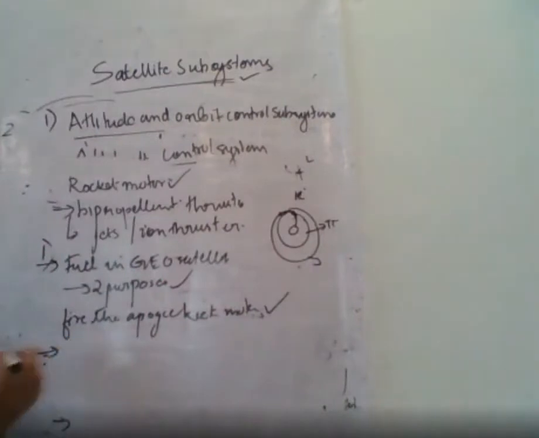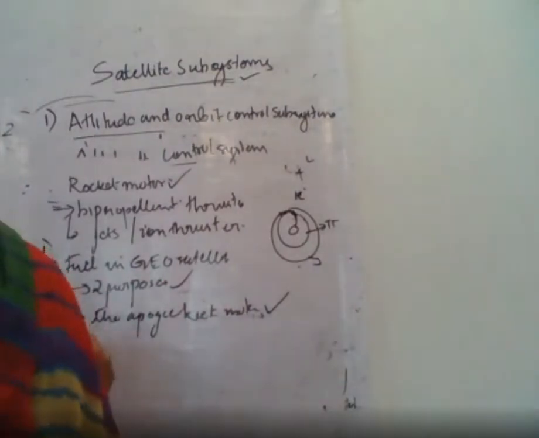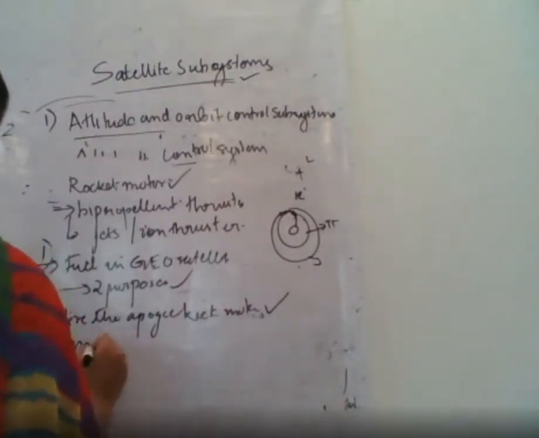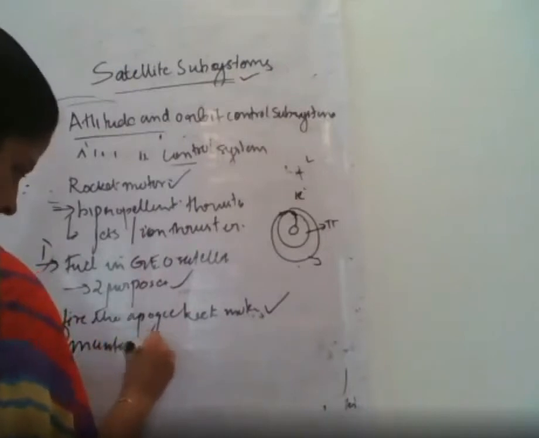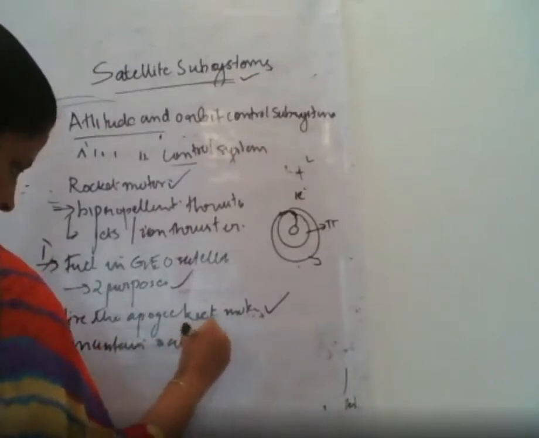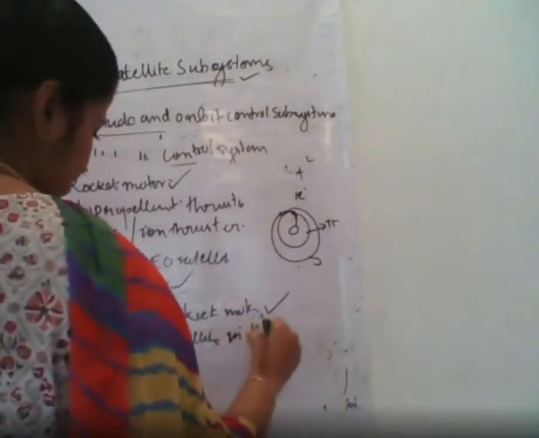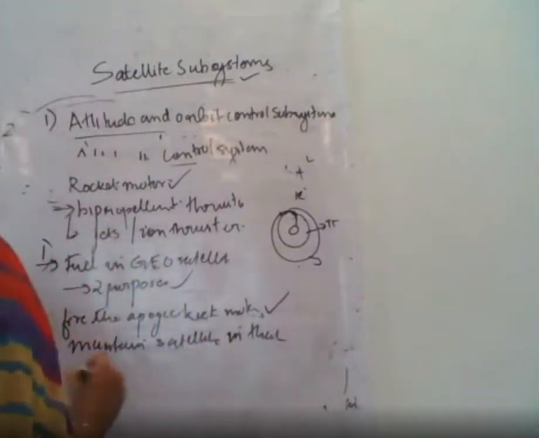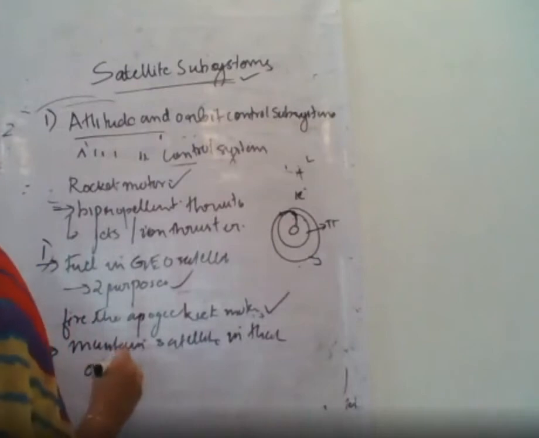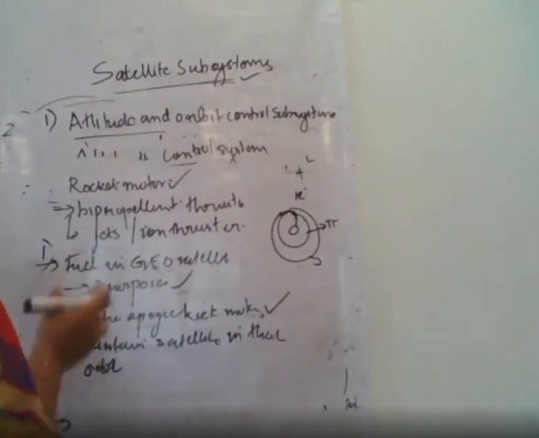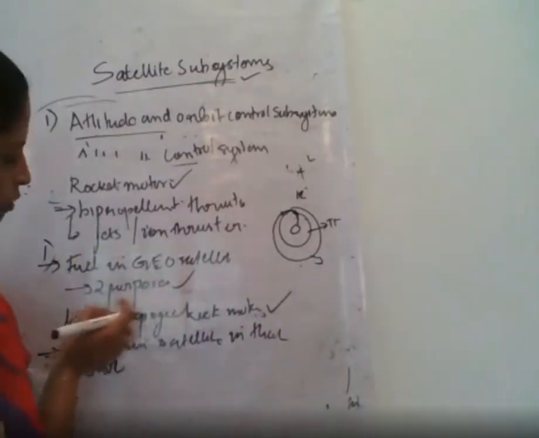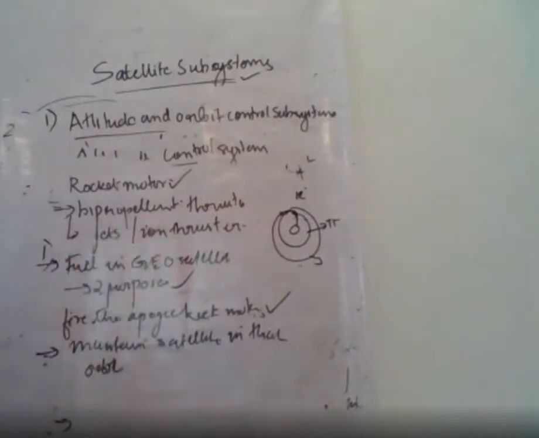And second, the fuel is used to maintain the satellite in that orbit. The first part of the fuel is used for firing the motor and kicking the satellite out to the final orbit.